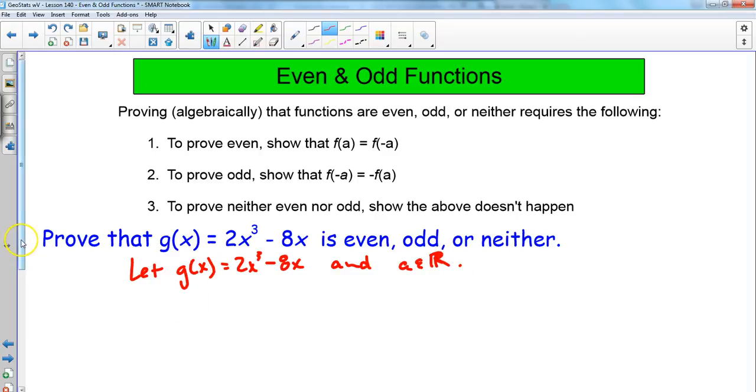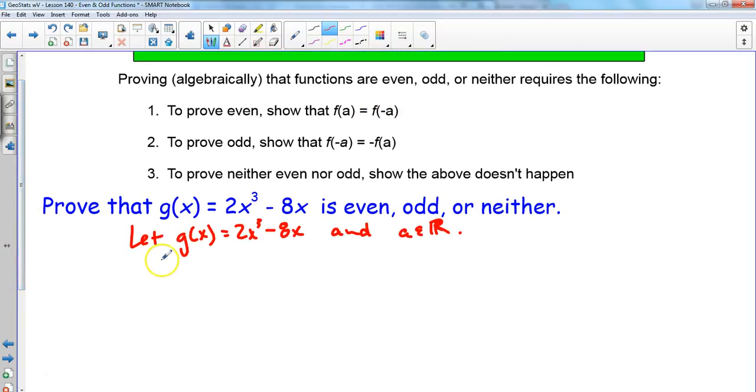Alright, so the first thing we're going to do is start off with the even proof. So we want to make a statement about what we're showing. If g of a is equal to g of negative a, then we know that g of x, this function, is even.